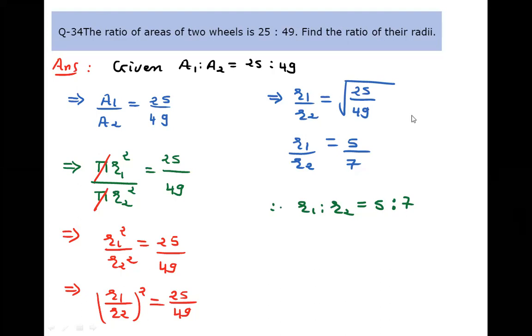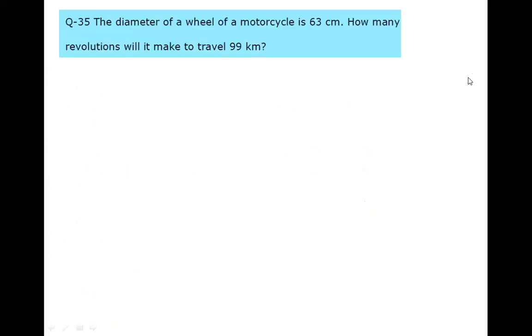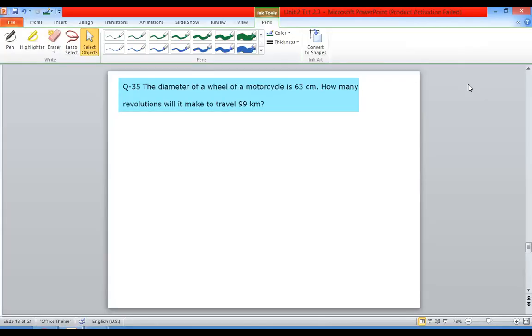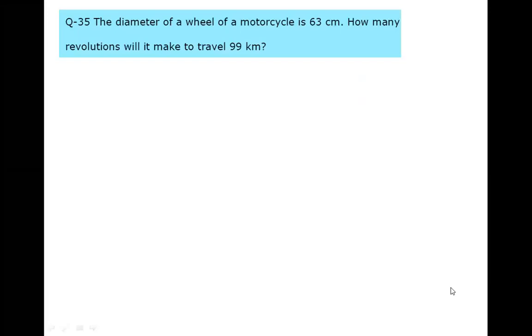Okay, the next question on your screen is: the diameter of the wheel of a motorcycle is 63 centimeter, and how many revolutions does it take to travel 99 kilometers?